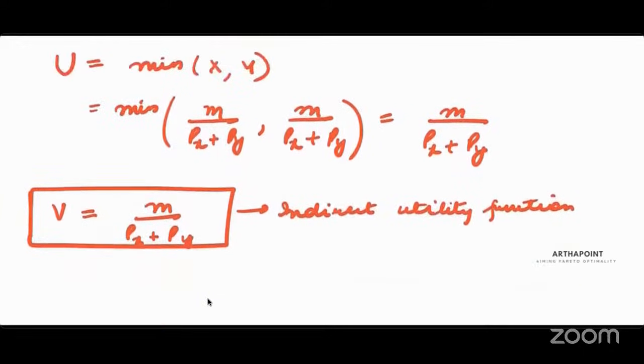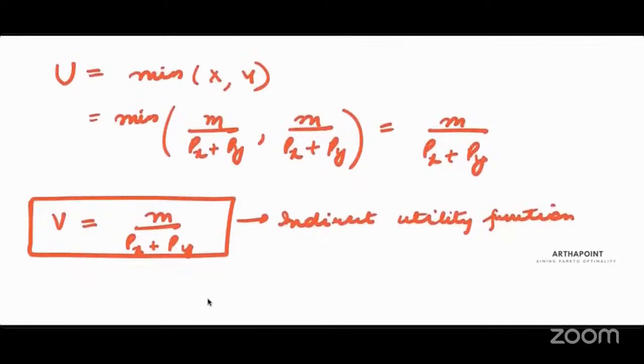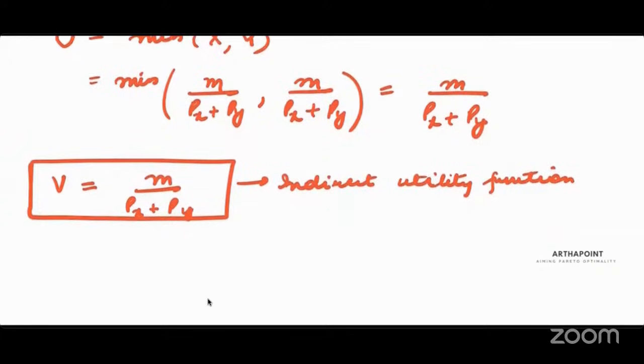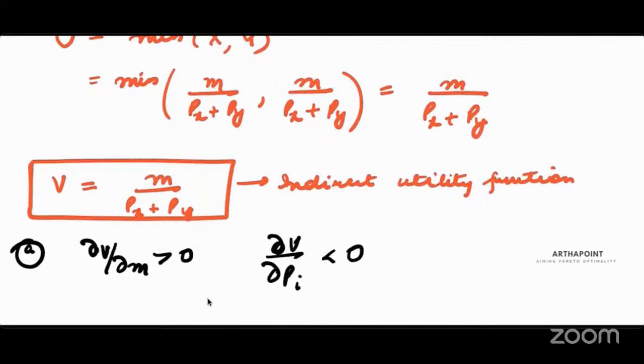It will be a good idea to go ahead and see if the properties that we suggested yesterday still hold true for this indirect utility function, which means you have to go ahead and verify if it's increasing in income, decreasing in prices, and homogeneous of degree 0 in income and prices. So you just verify these properties.